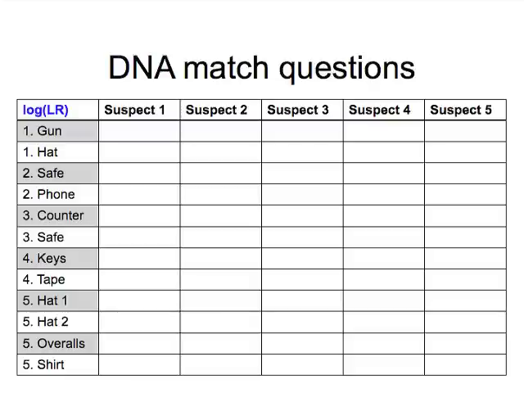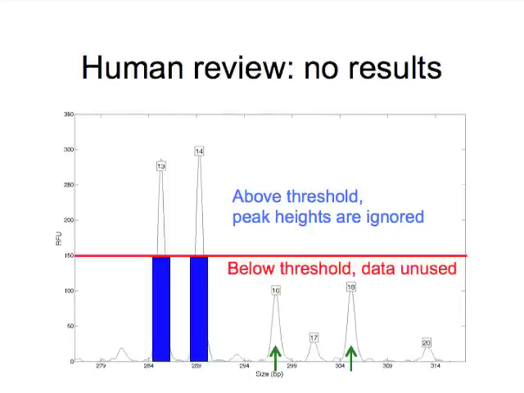And we received all the evidence items first and processed them in the computer, inferring genotypes, and then afterwards made the comparisons. The human review, as I said, produced no results, and one of the main reasons is the use of thresholds, which I'm sure you're all familiar with.